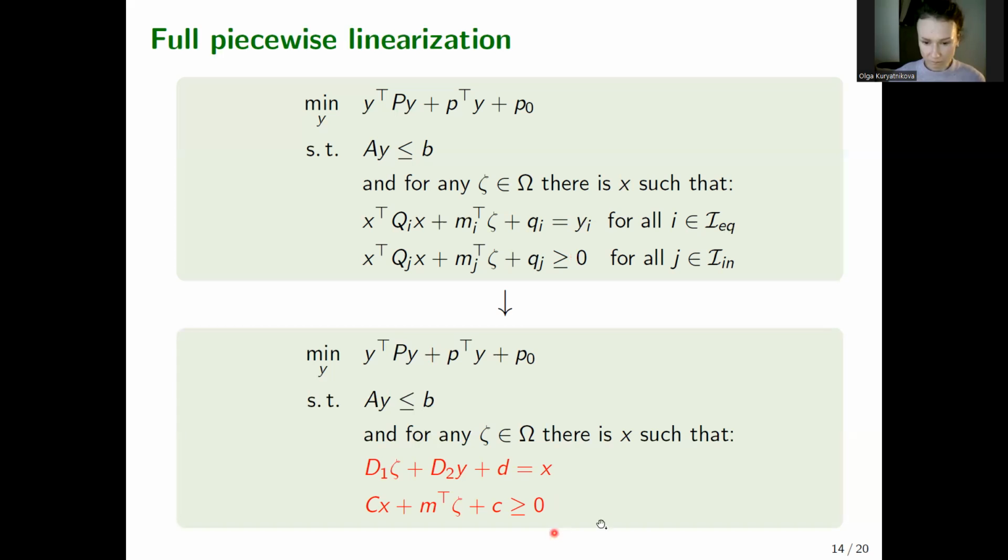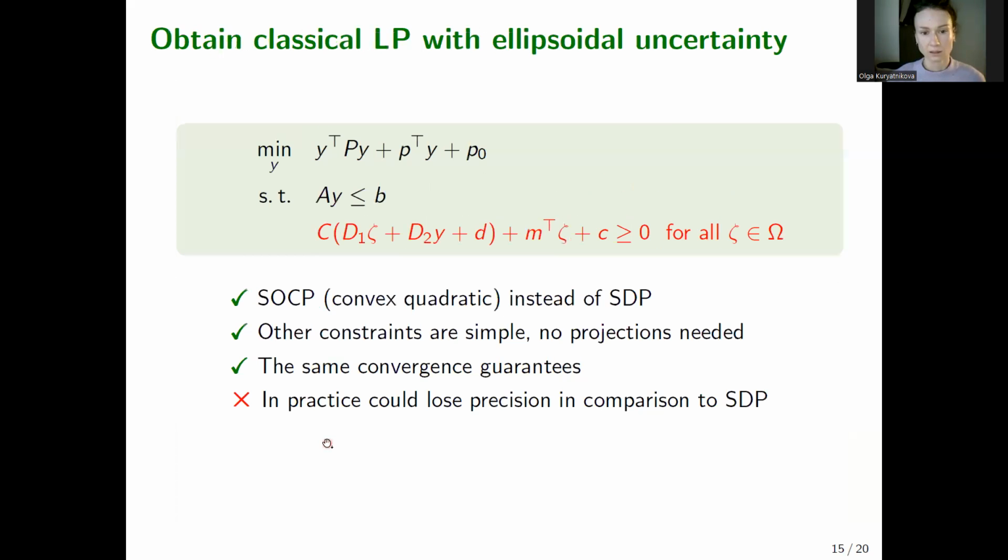And when we did that, we got the following. Again, we have a constraint here, which must hold for all zeta in the uncertainty set, but this is now a linear constraint, which is very simple. And the uncertainty set here does not have to be ellipsoidal anymore. It can be absolutely anything, as long as it is compatible with a linear constraint.